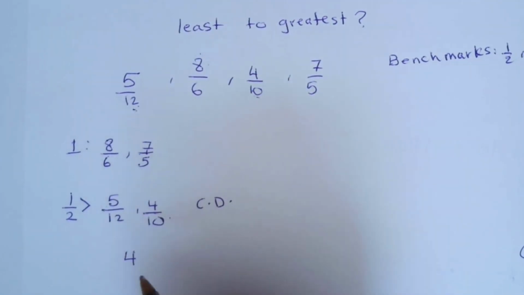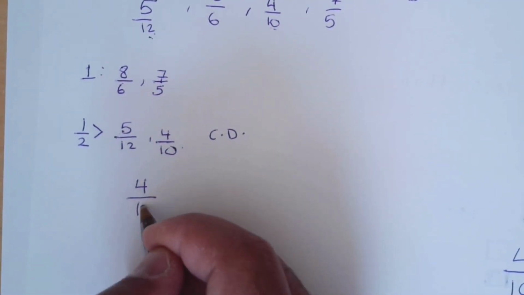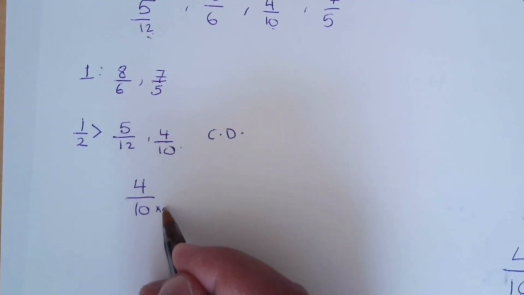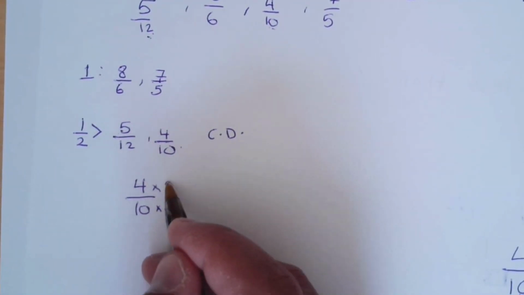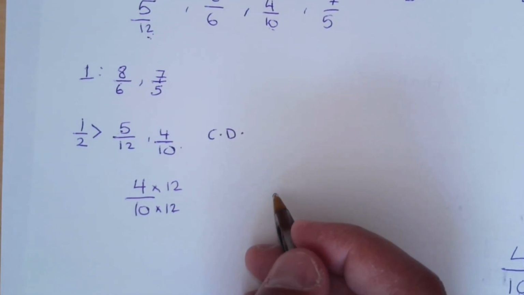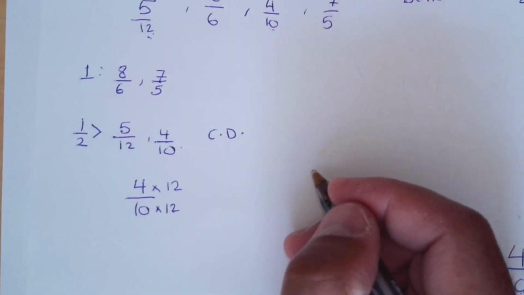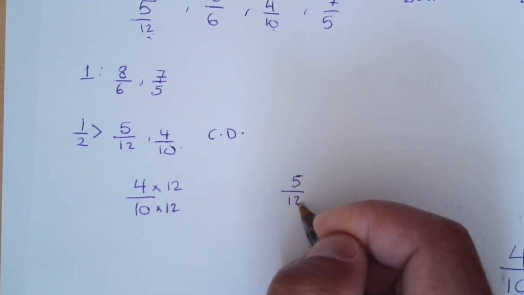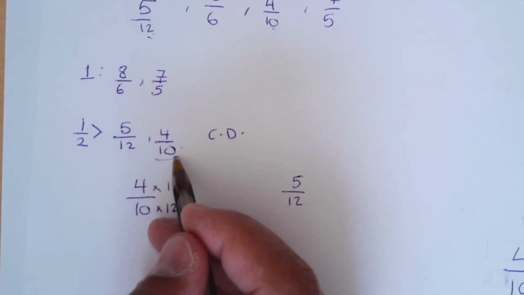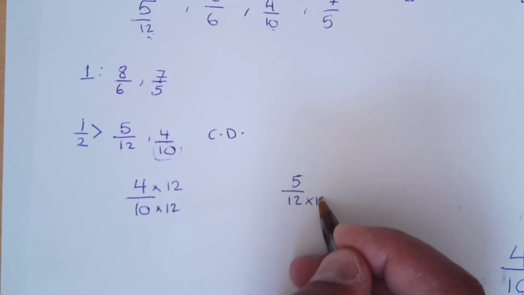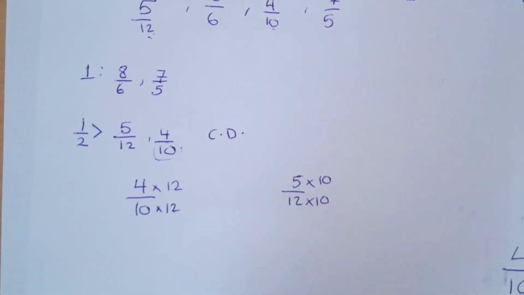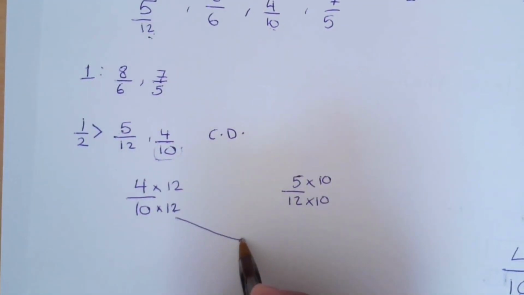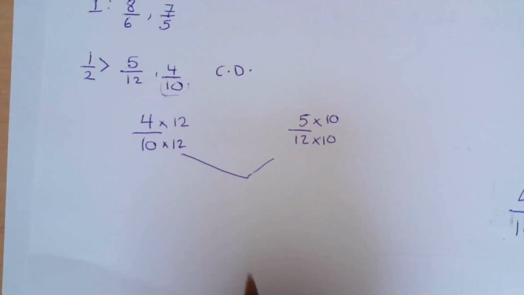So I'm going to take my 4/10 and multiply it by 12. And my 5/12, I'm going to multiply it by 10. Okay, so basically we're going to have a common denominator of 120.